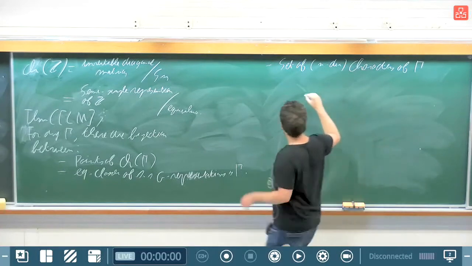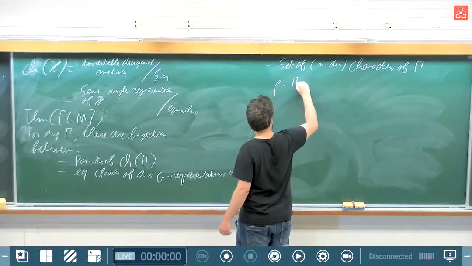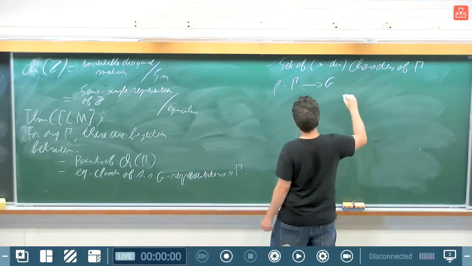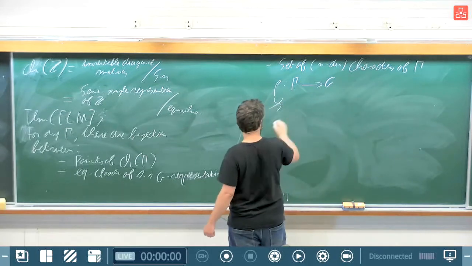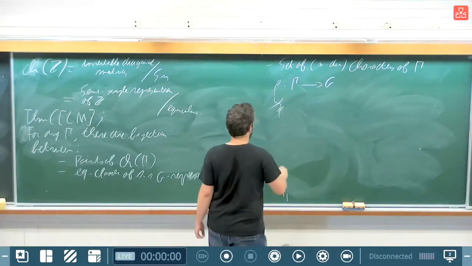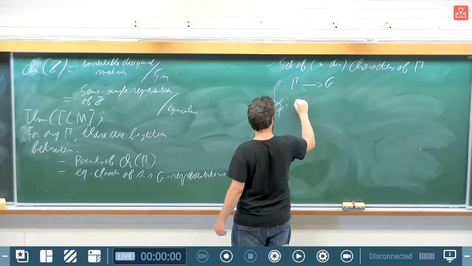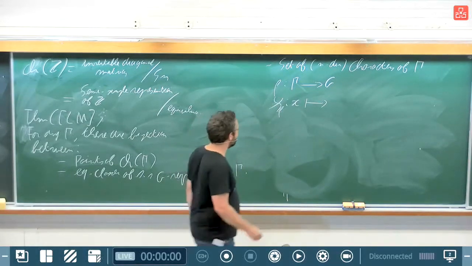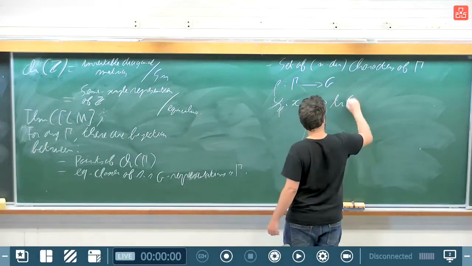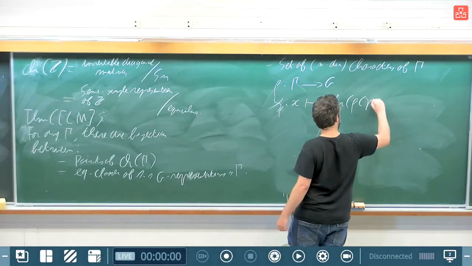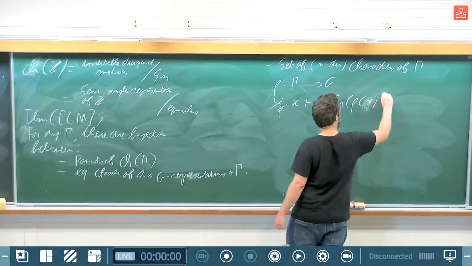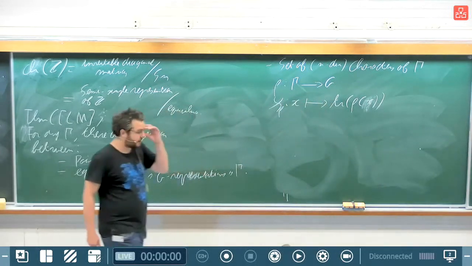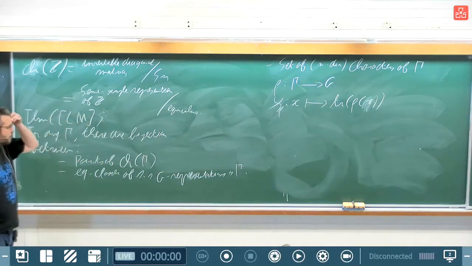So recall that if I have a representation, then the character, I don't know how to draw chi, is the map that maps an element x of gamma to the trace of rho of x. Those are very useful tools in representation theory.